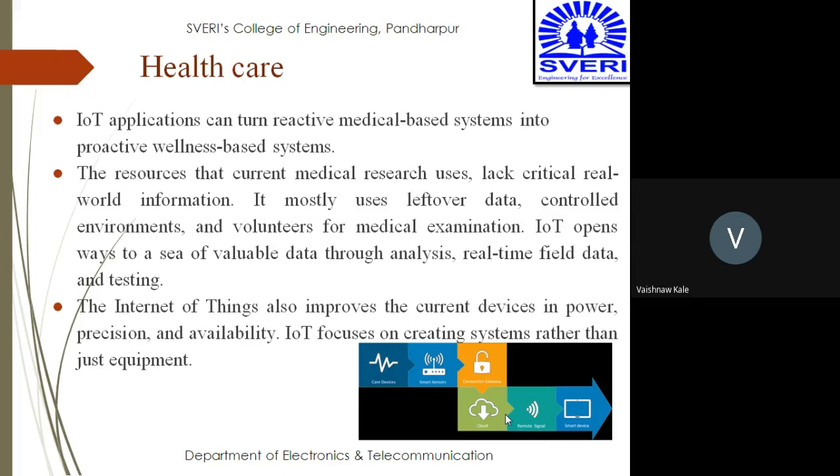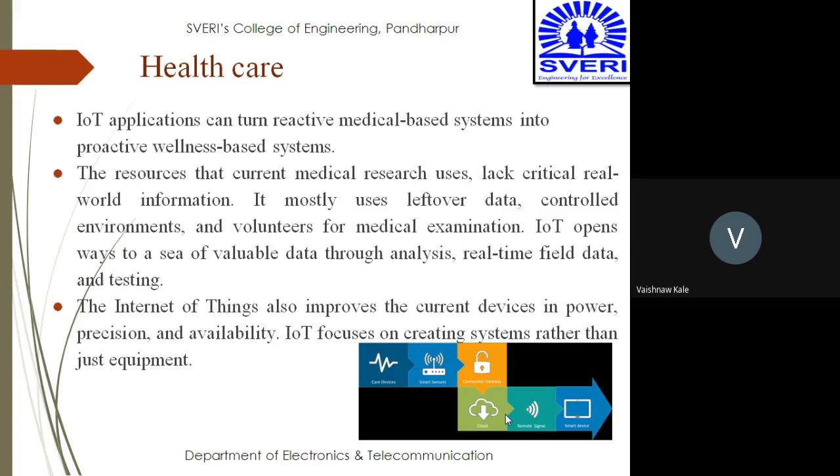Obviously, if the real-time data of the patients is collected, the doctor can examine it very easily, analyze it easily, and real-time field data can be monitored and tested. The Internet of Things also improves the current devices in power, precision, and availability.